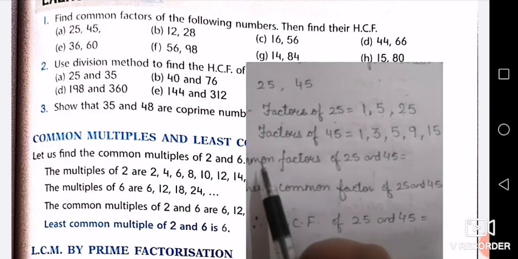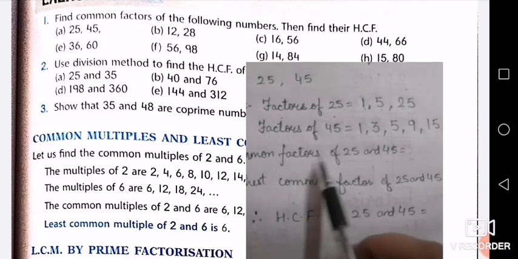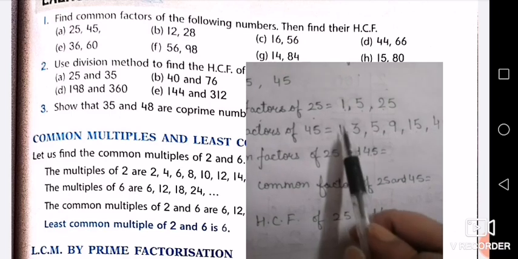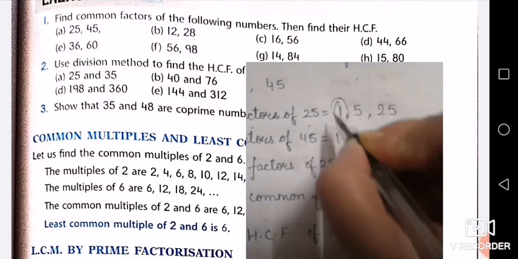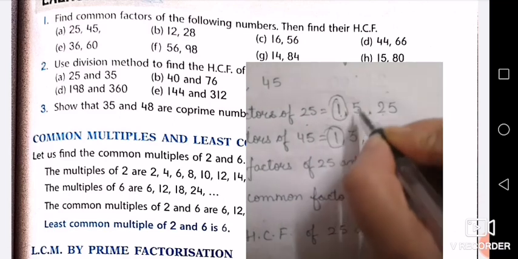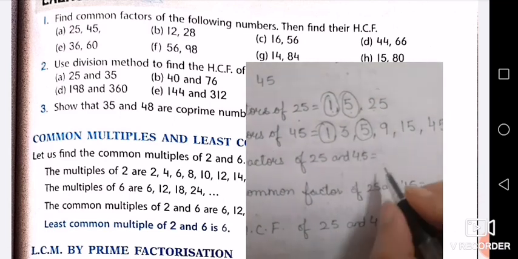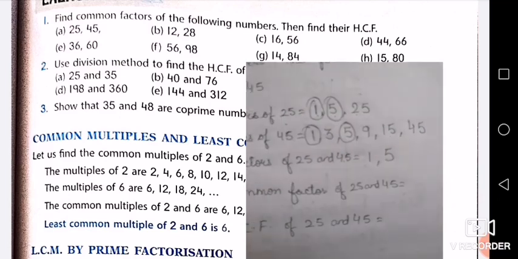Now the next step is to write the common factors of 25 and 45. Now which are the common factors? 1 and then 5. Common factors are 1 and 5.